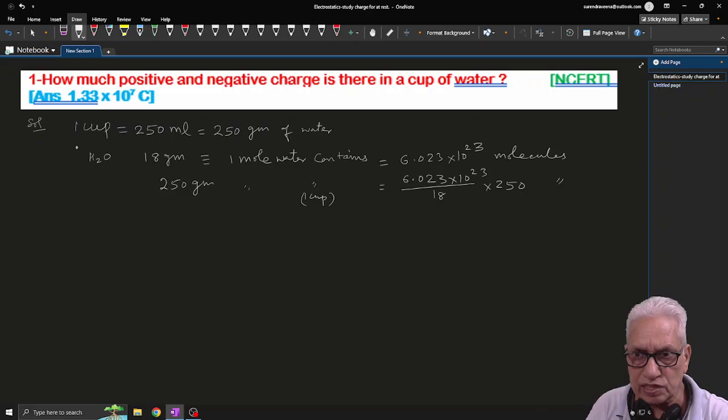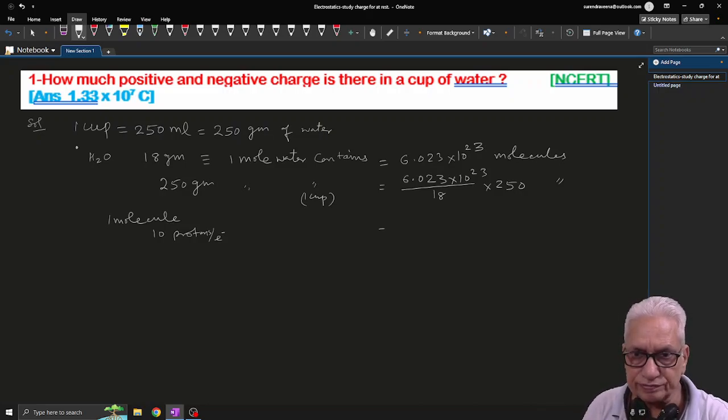In 1 molecule of water, there are 10 protons and 10 electrons also, the same, because water is neutral.